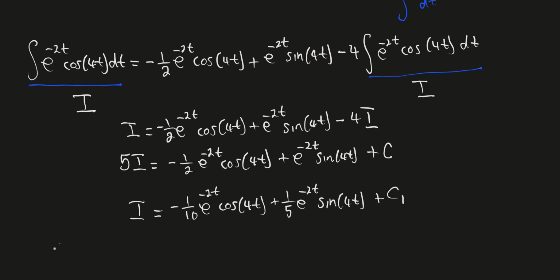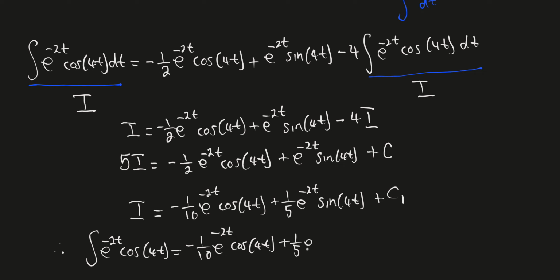So here's our final and complete statement. So the antiderivative of e to the negative 2t times the cosine of 4t is equal to negative 1/10 e to the negative 2t cosine of 4t plus 1/5 e to the negative 2t sine of 4t plus our constant.